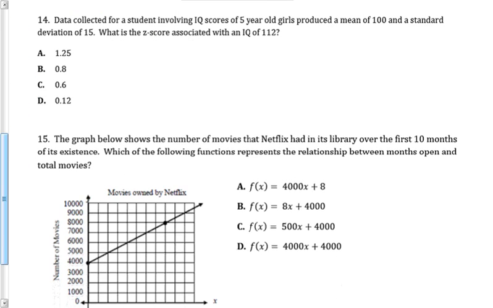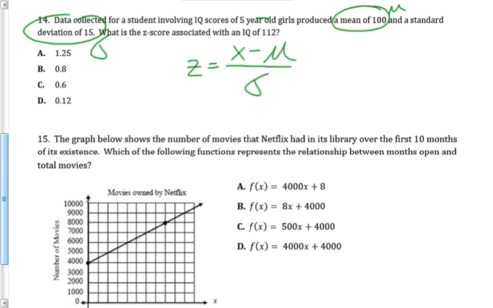14, data collected for a student involving IQ scores of 5-year-old girls produced a mean of 100 and a standard deviation of 15. What is the z-score associated with an IQ of 112? So remember, the z-score formula is the observation minus the mean divided by the standard deviation. Here we have the mean, the standard deviation of 15, and an IQ of 112.